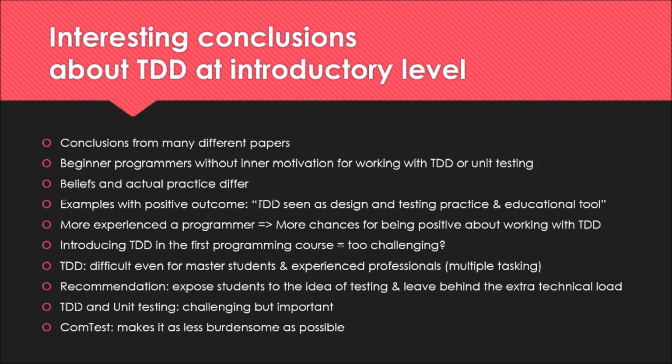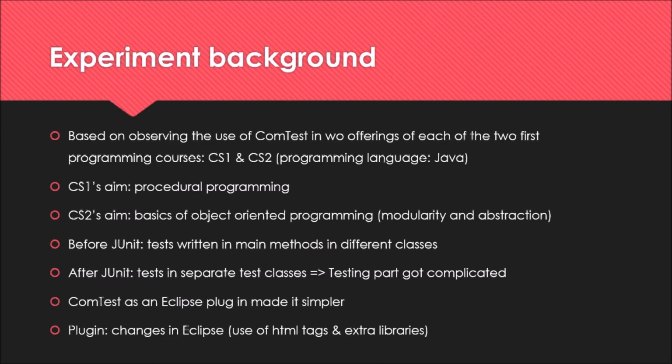TDD and unit testing are challenging but important, so the best the authors could do is make it as less burdensome as possible with the use of ComTest. The experiment was based on observing the use of ComTest in 2 offerings of each of the 2 first programming courses, CS1 and CS2.